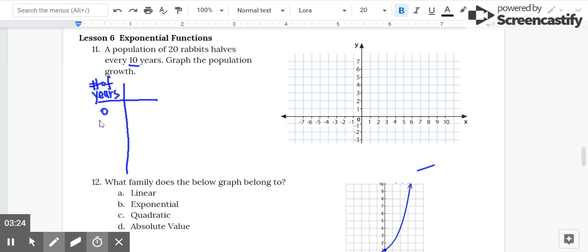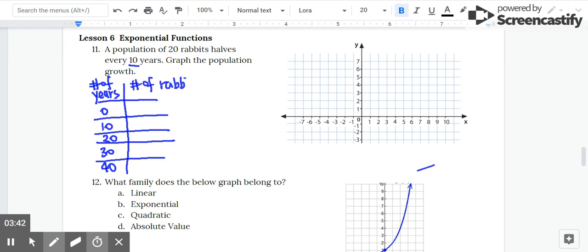We start from 0, and every 10 years, it's going to be 10, 20, 30, and 40. You might notice that you might change the scale to solve this question. And this is the number of rabbits. You will find the exact same example in the lesson notes.